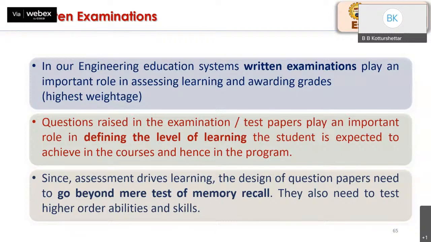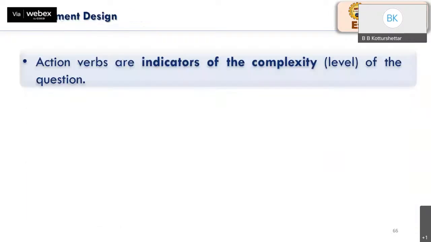That is why we should be understanding the Bloom's taxonomy well, so that we can define the learning levels in the question papers and test the student for levels. And for that to happen, in order to test the student for higher level, we need to come out of testing the student for just remembering and understanding. We should also be bringing some questions at least on applying and analyzing level in our question papers, where the student cannot just rely on his memory, but he should think beyond that.